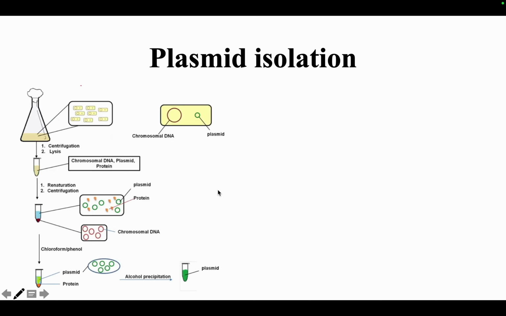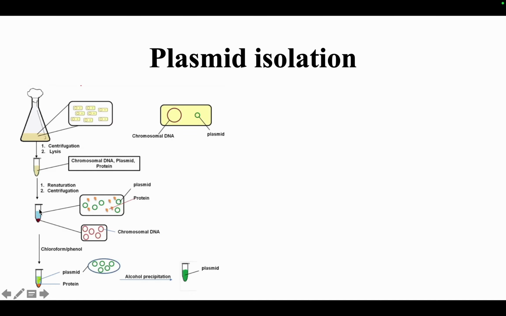So this is the step for plasmid isolation. It is a bit different from genomic isolation. We studied that we do lysis to isolate the genome. So we'll have both chromosomal DNA as well as plasmid, which is very small in molecular weight as compared to the chromosomal DNA.